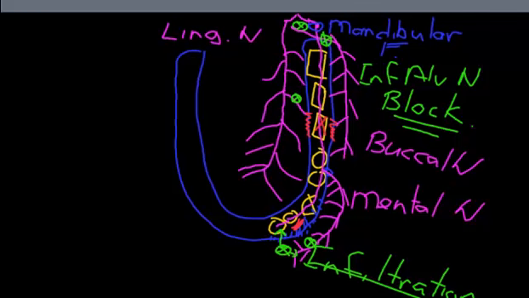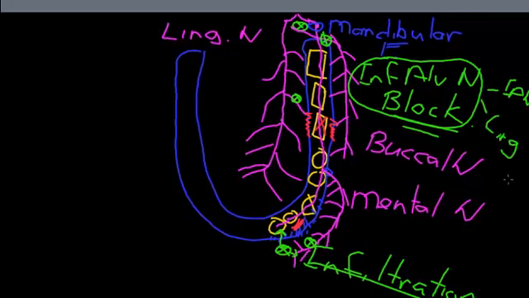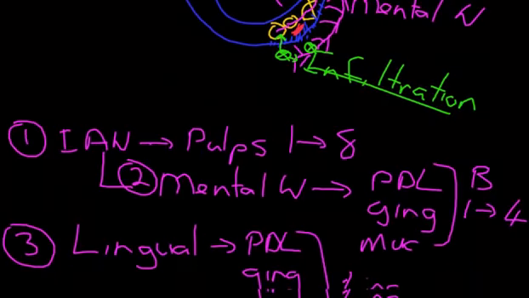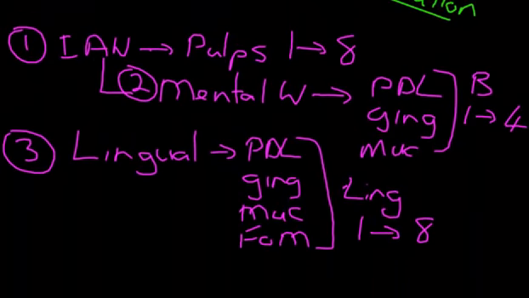So when you do an inferior alveolar nerve block, the solution will also affect the inferior alveolar nerve, but it will also affect the lingual. So the lingual nerve can be blocked just with the one injection in that area there if you're going to give an inferior alveolar nerve block. Otherwise, you can block it by giving a little bit of solution just in the floor of the mouth behind where you're working. So that's the lingual.